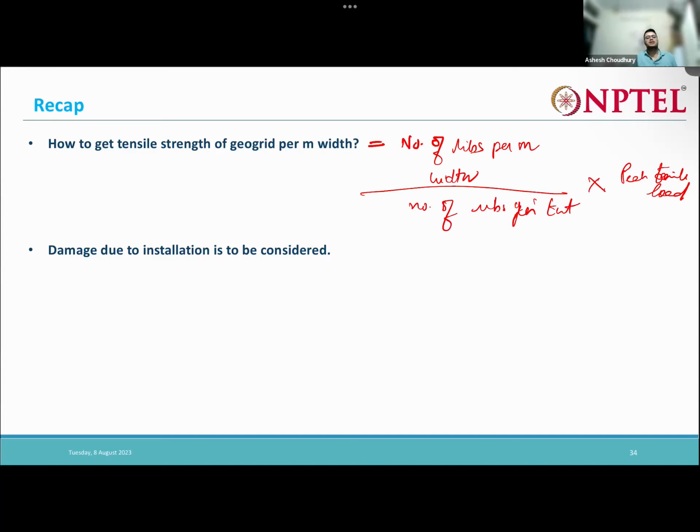That will give you the tensile strength of the geogrid per meter width.